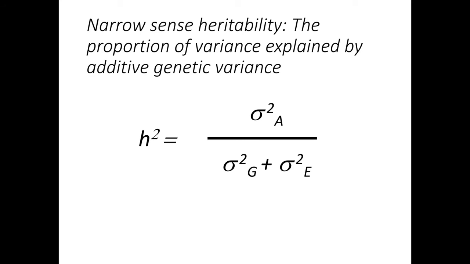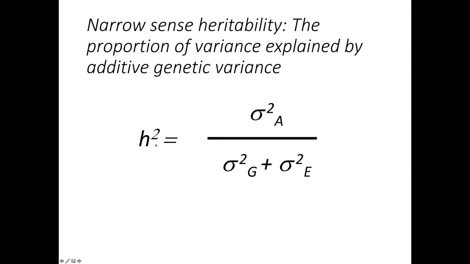Another thing to keep in mind, when we talk about narrow sense heritability, is we can think about it like this: the proportion of variance explained by the additive genetic variance. Before, we said big H squared was equal to genetic variance divided by genetic plus environmental, or the phenotypic variance.